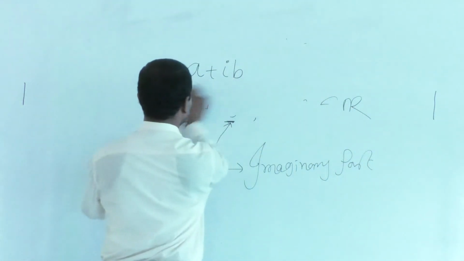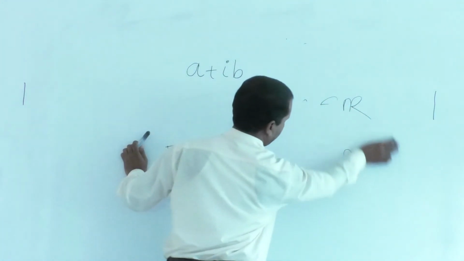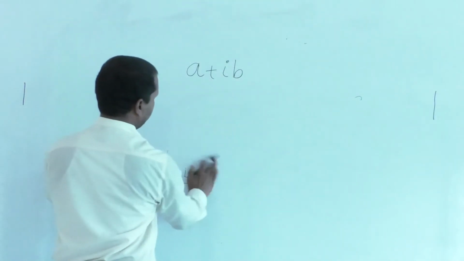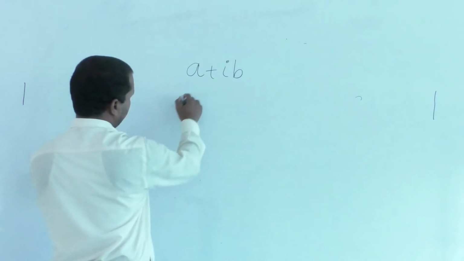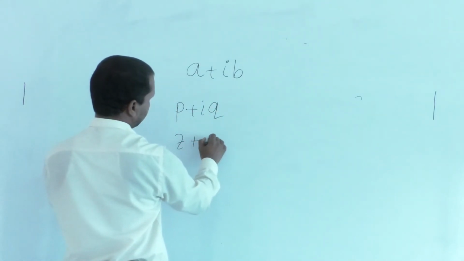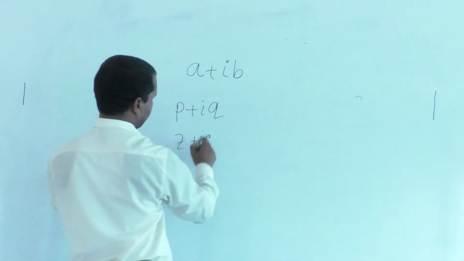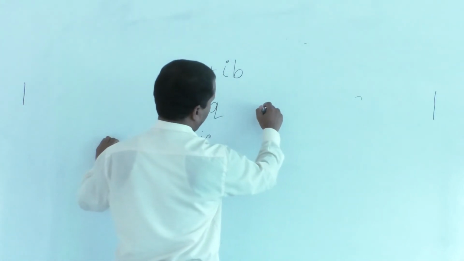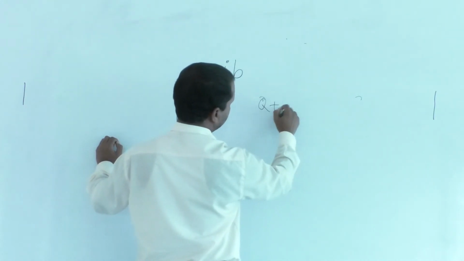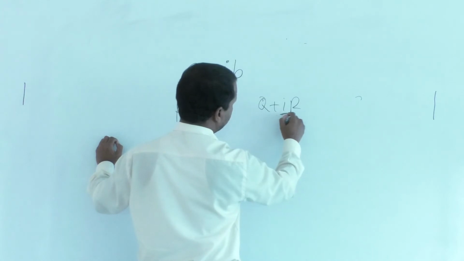For any type of complex number, you will get p plus iq, z plus ic, or q plus ir. Everywhere there is an I term.